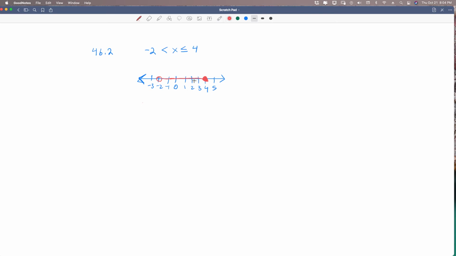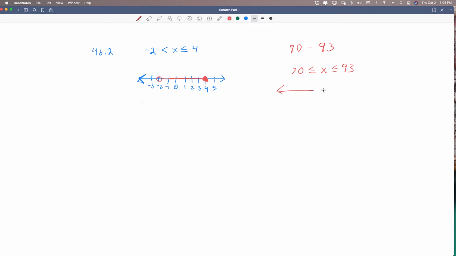So think about the data that we looked at in the previous lesson. If we talked about test grades, and a range of test grades, this would be how we would graph that. If we were to say that our range of test grades was between 70 and 93, we would say 70 is less than or equal to x, which is less than or equal to 93.